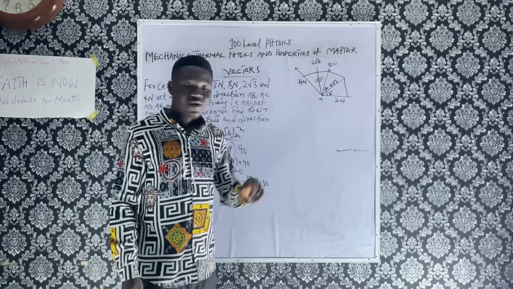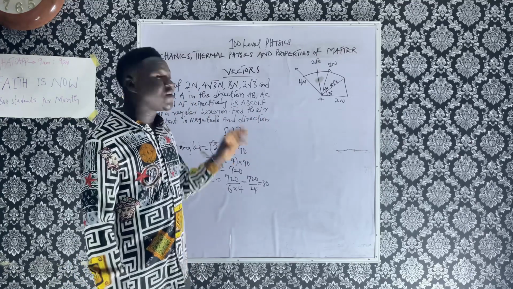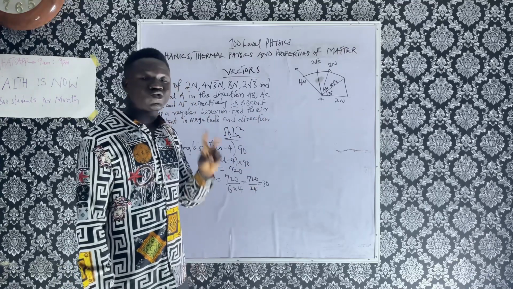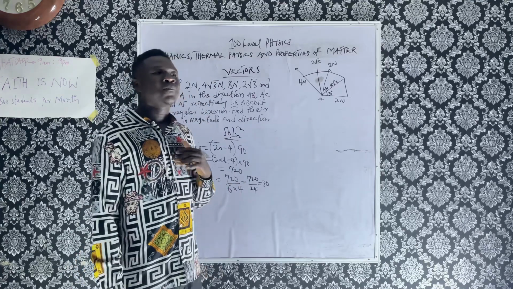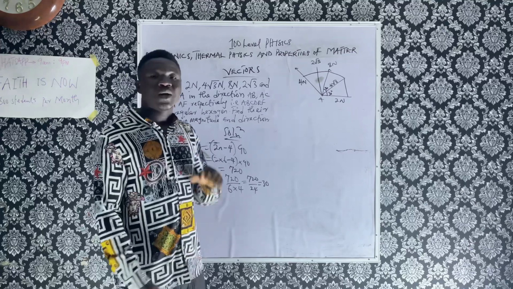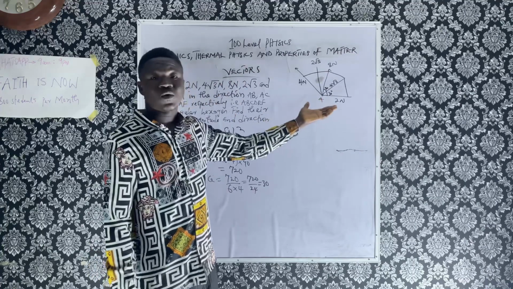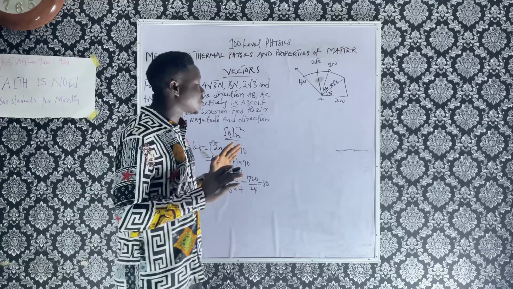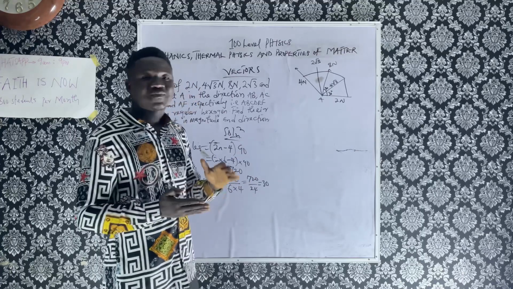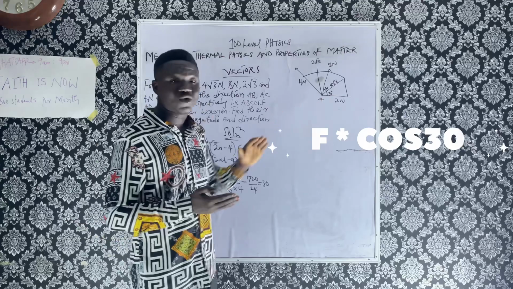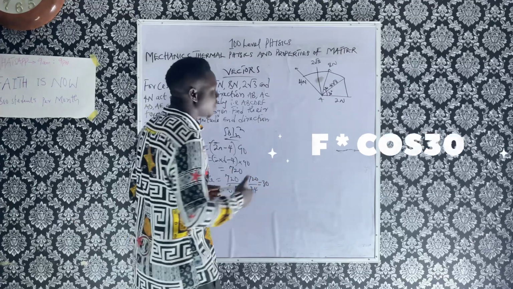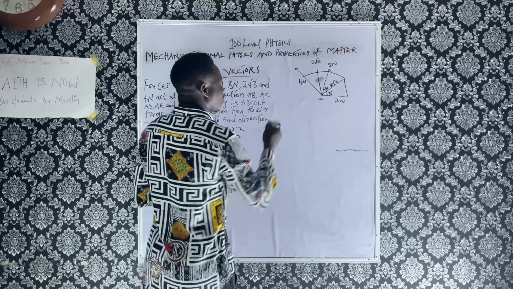If you remember, we said the resultant force has 2 components. It has a horizontal component and a vertical component from the other videos. For me to look for the horizontal components, all I need to do is the force times the cosine of the angle subtended. So that will be for horizontal components.